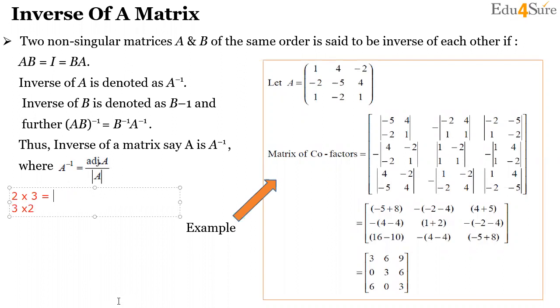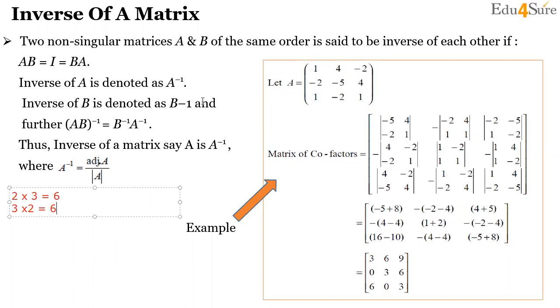So here also, A into B equals I equals BA, both are the same.